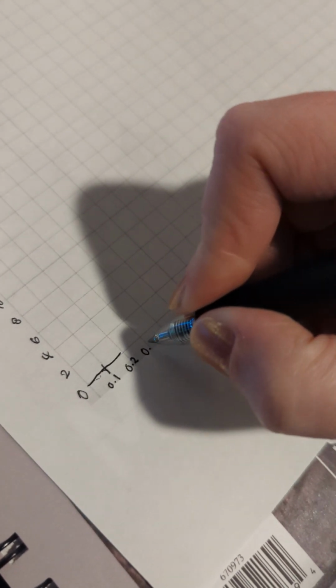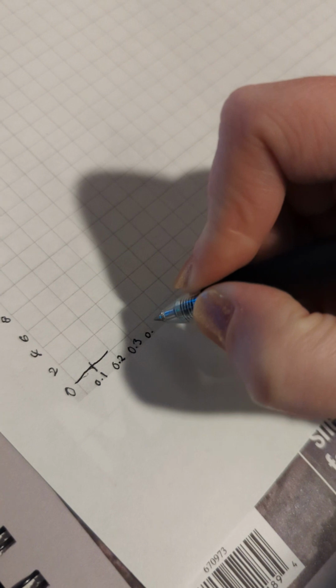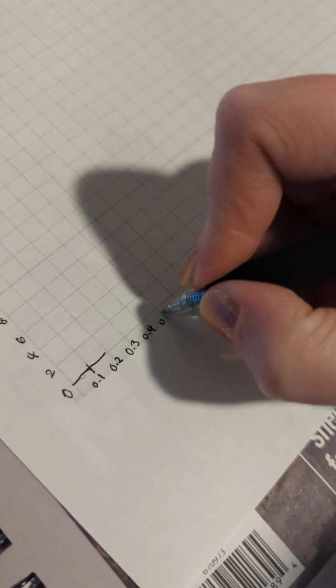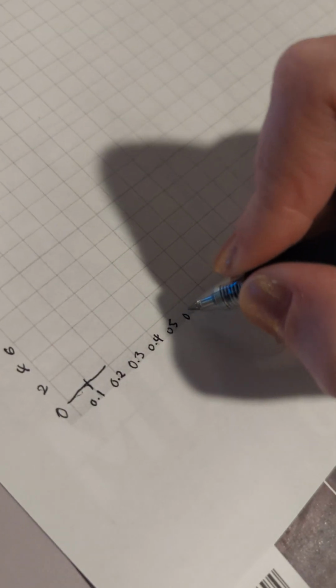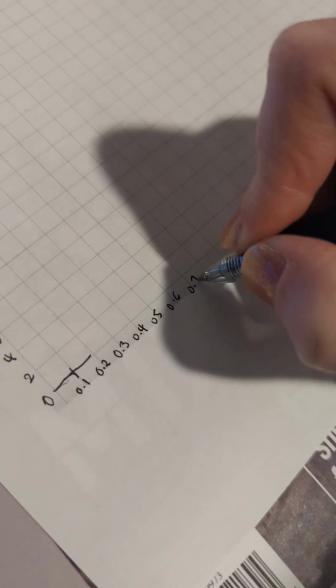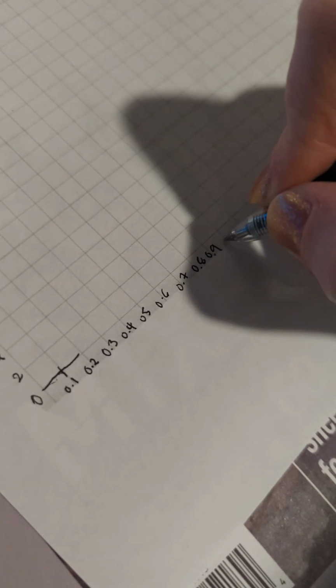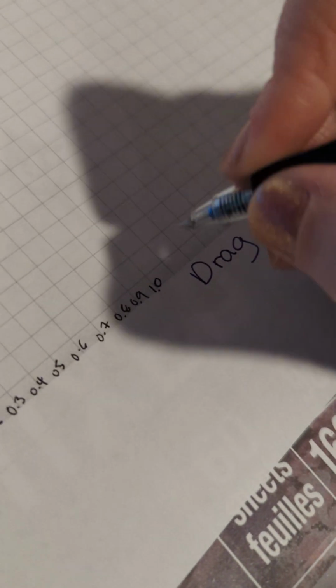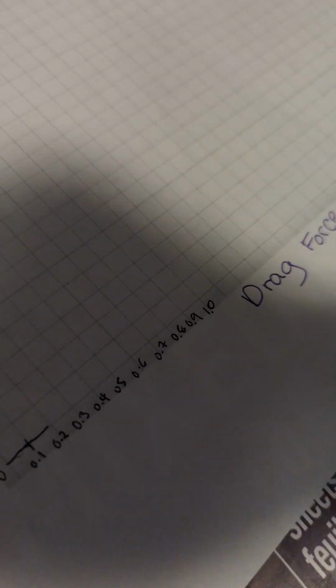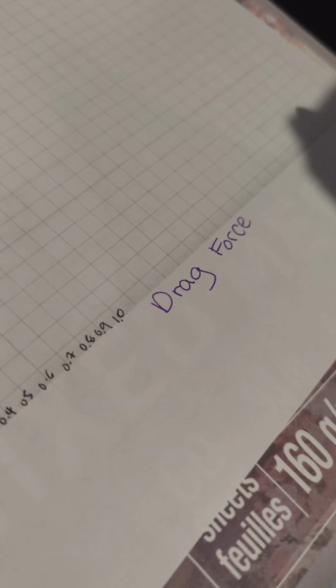So 0.1, 0.2, 0.3, 0.4, 0.5, 0.6, 0.7, 0.8, 0.9, 1.0.